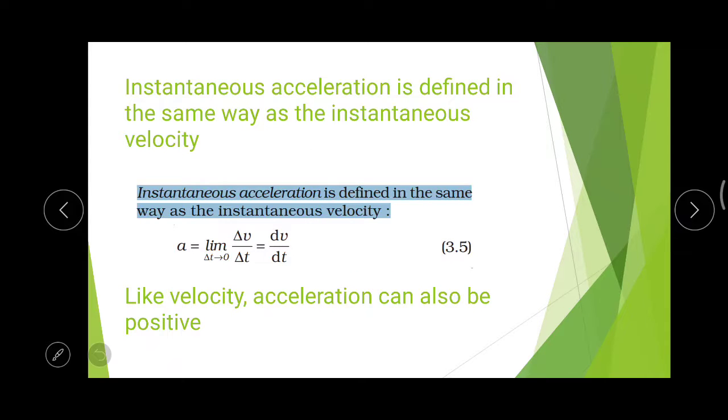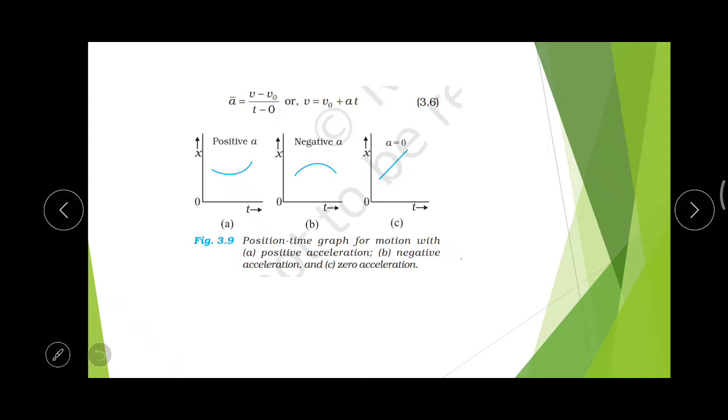Now consider some of the position time graphs, x-t graphs. If the position time graph is curved upward, then that particular object is moving with a positive acceleration.